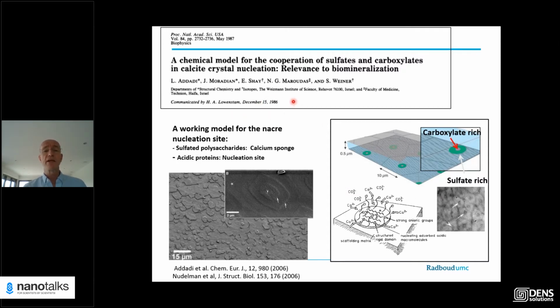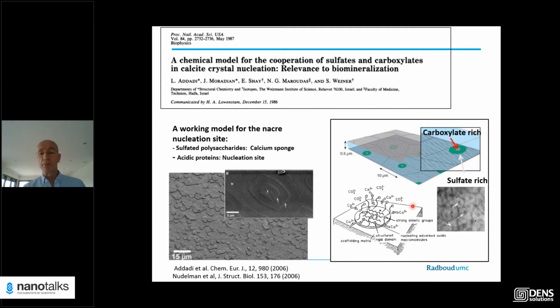In 1986 already, Leah Addadi and Steve Weiner published a paper where they proposed that the sites where these calcium carbonate crystals in nacre would start to grow would combine two types of molecules.